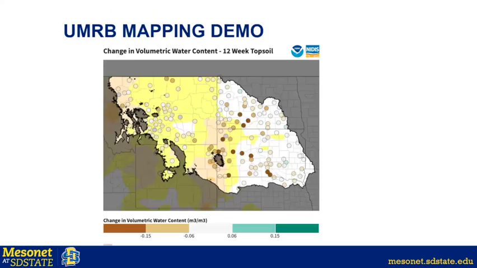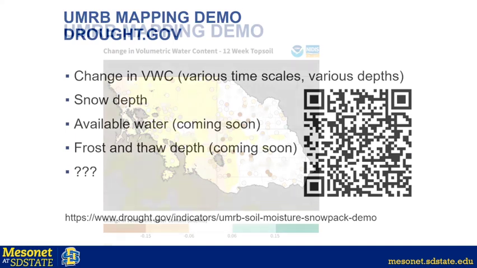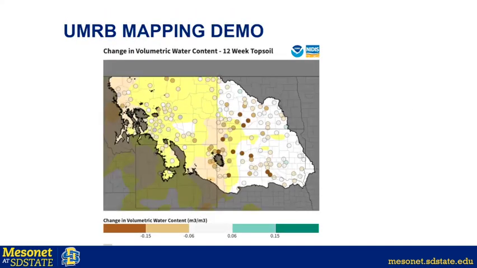Because we are dealing with stations with short periods of record, what we're doing is a change in volumetric water content, like a 1-week change or a 2-week change, or in this case, a 12-week change, and using that to give an idea of change over time.